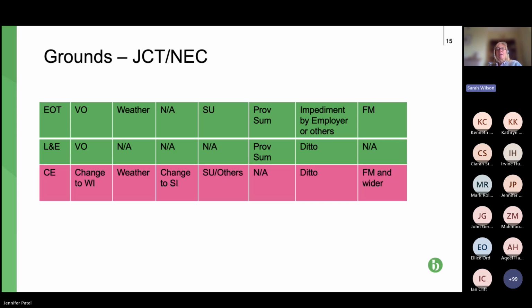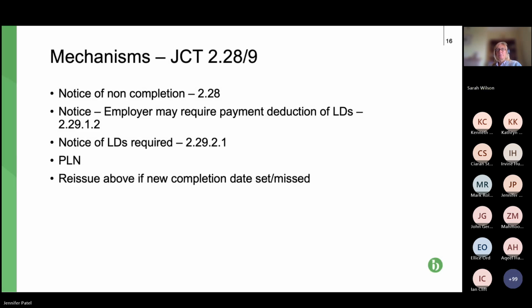So if we can move on to the next slide, please. So very quickly, the JCT mechanisms. This is the mechanism for claiming liquidated damages. So this is for the employers in the room. Some preconditions.